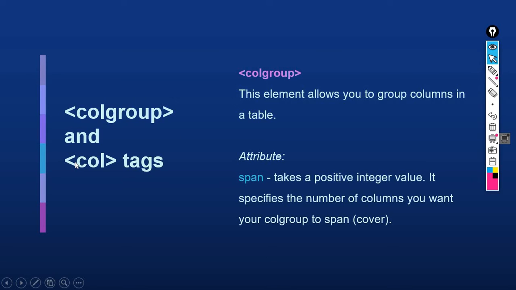So the colgroup and col tags. The first is the colgroup element, and this allows you to group columns in a table. It has an attribute of span that takes a positive integer value, and it specifies the number of columns you want your colgroup to span or cover.